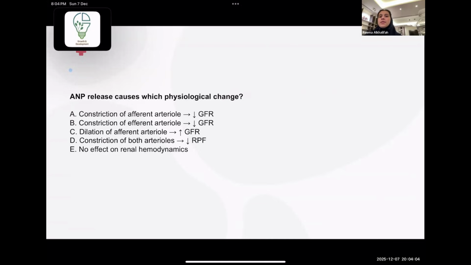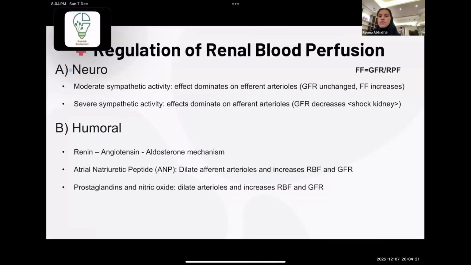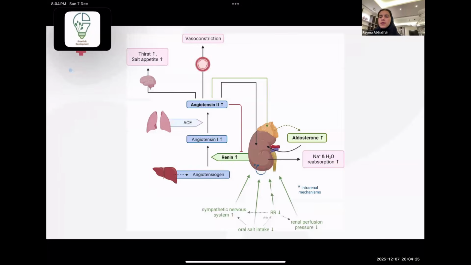Now, ANP release causes which physiological change? The answer is C. Dilation of afferent arteriole, which causes the increase in GFR. Over here, it is written. Okay?